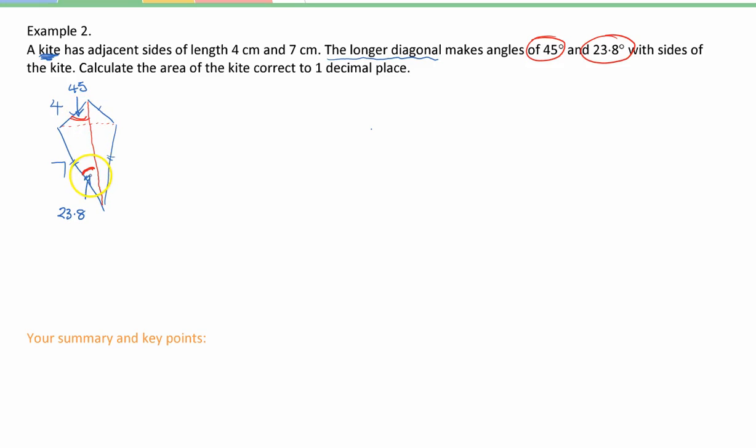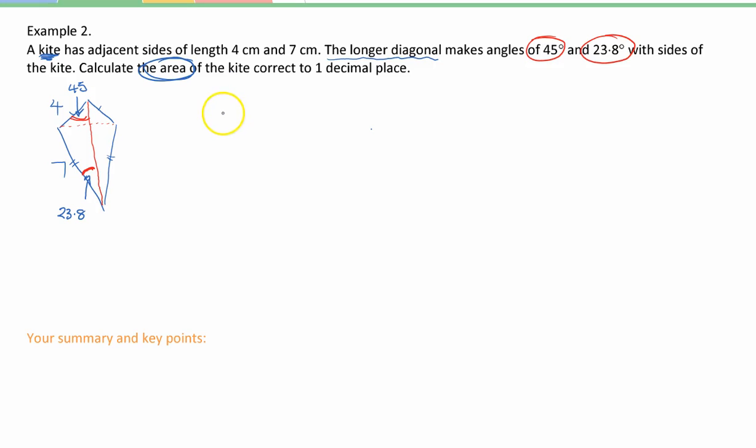Now, we're given two angles, but we're asked to find the area of the kite. We don't have a formula that we can use in this situation for the area of the kite. Now, this question is made a little bit easier for you because it's in the exercise about area of a triangle.